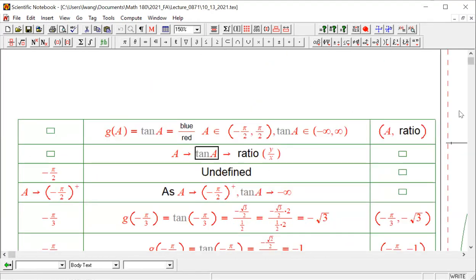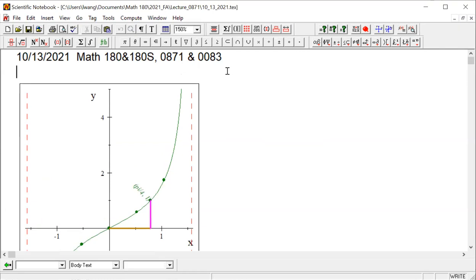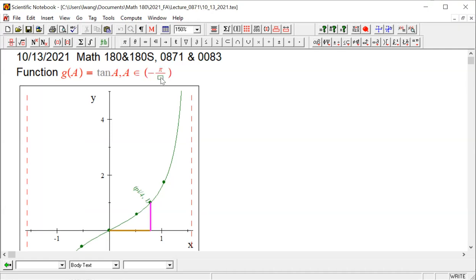okay, so this function has an inverse. Function g, this is what we refer to as function g. I'm going to use a, it doesn't matter, tangent a, where a belongs to the interval of negative pi over 2 to pi over 2.